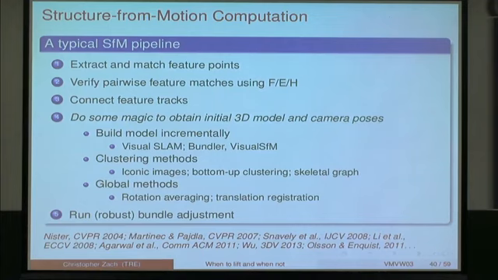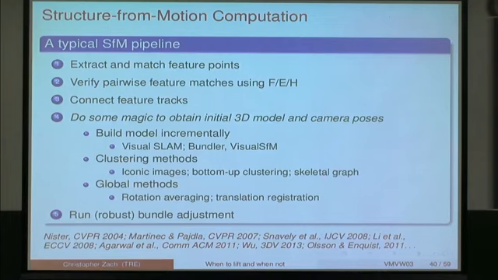And the only final thing that's also very well understood and like a gold standard is to run bundle adjustment with nonlinear least squares solvers, usually with some robustness at the end. But the part in the middle is a bit tricky.